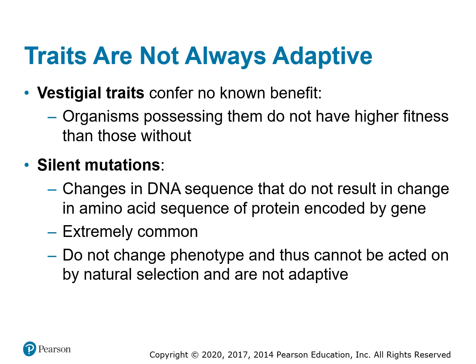Vestigial traits are basically remnants of a feature that was lost over time. They don't have an increase or a decrease in fitness whatsoever, so they're just there as a transitional feature. Silent mutations happen all the time, and these are changes that happen just because there's a change in your genome, and they don't necessarily change any amino acids in the sequence of the proteins that you make, so they're typically not adaptive.